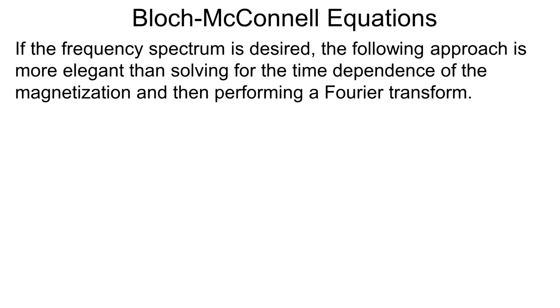On the other hand, frequently one is interested in what the frequency spectrum looks like. And it's somewhat inefficient to calculate the time dependence of the signal just to Fourier transform it to the frequency domain. So just as way of completeness, we'll briefly indicate how we would more directly calculate the frequency spectrum.